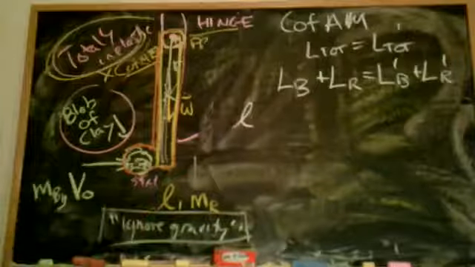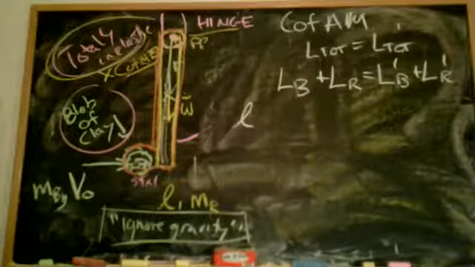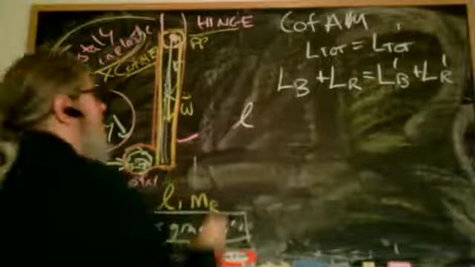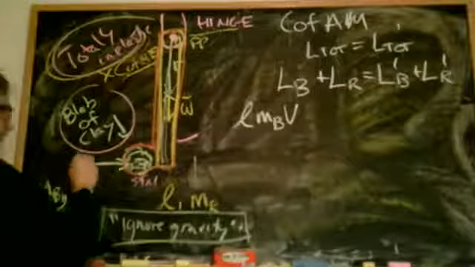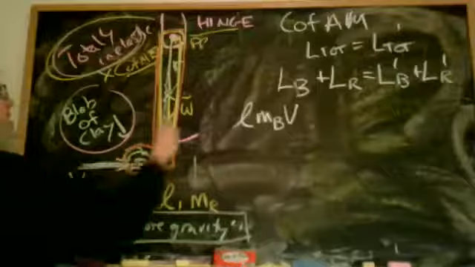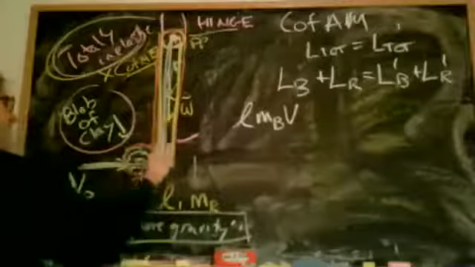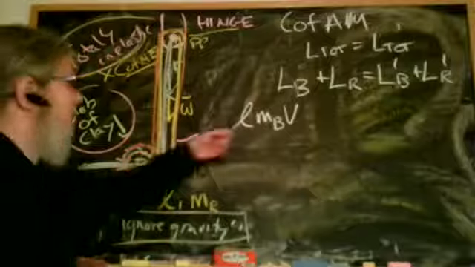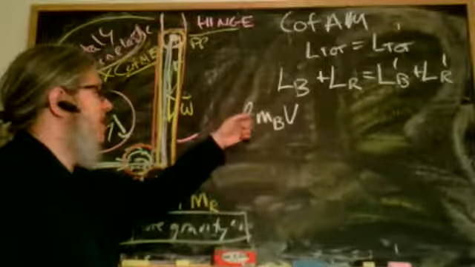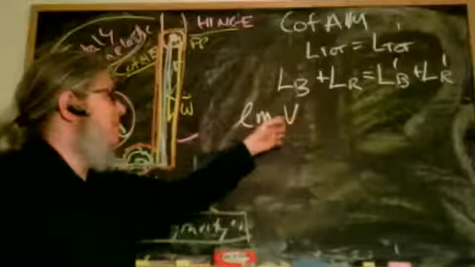Times the momentum of the blob, which is just m_B times v naught, times the sine of the angle between the momentum, which of course is in this direction, and the radius, which is in this direction. So that's a right 90-degree angle. So sine of 90 degrees is just 1. So we get L times m_B times v.